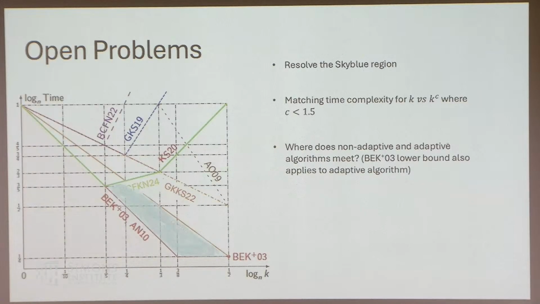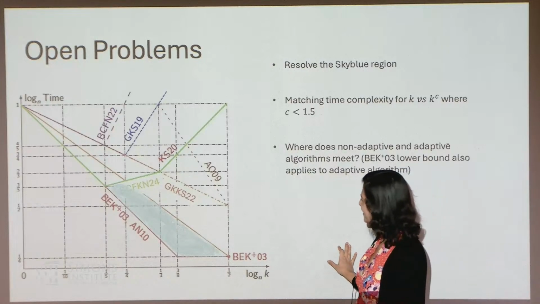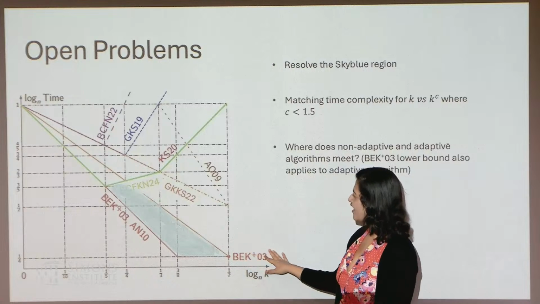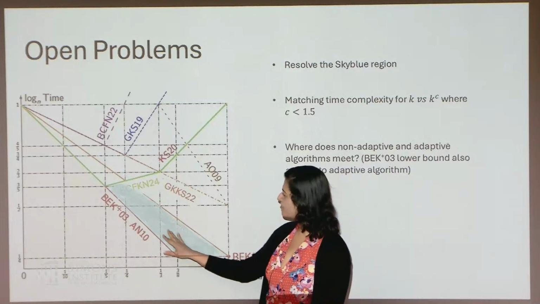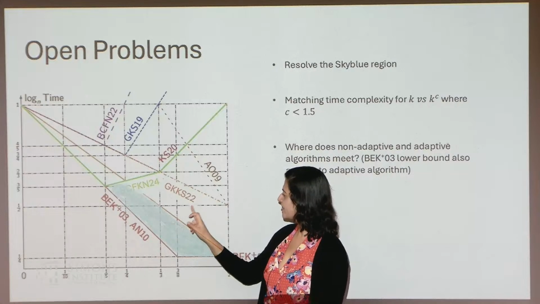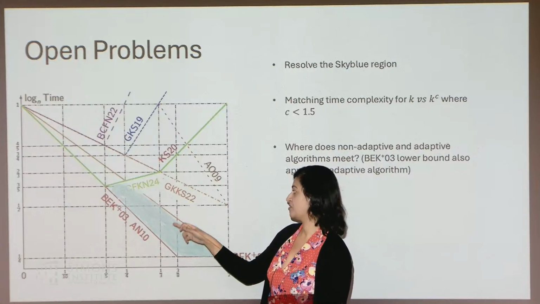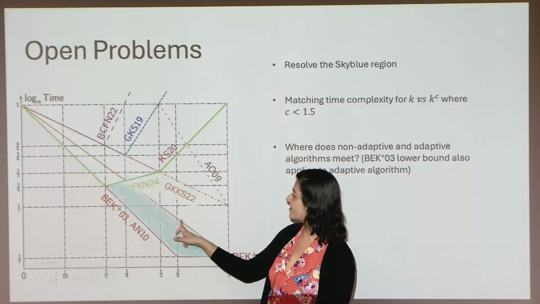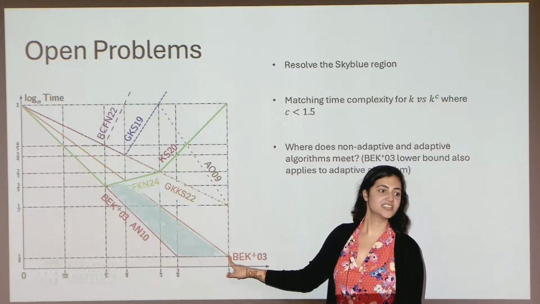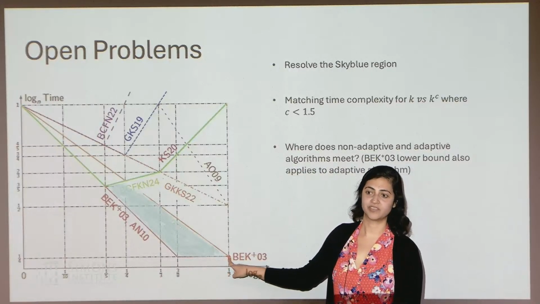So that's it. This is a reminder of the picture that we have currently about gap edit distance. It's pretty unclear whether this is the line where the adaptive algorithms may also be, this is the correct answer, because if you think about this red dot over here, this is a lower bound even for adaptive algorithms, not just non-adaptive.